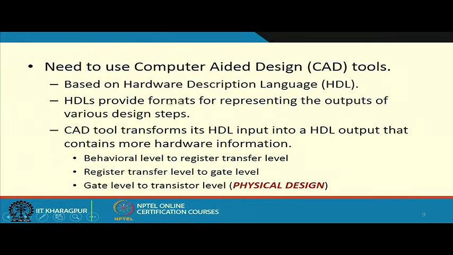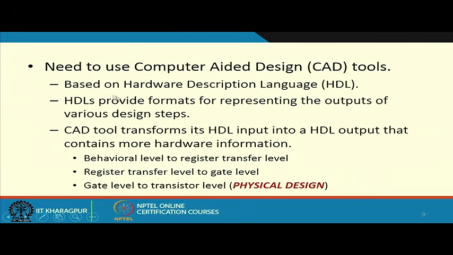So, we typically give our specification in terms of a description language, which you call a hardware description language or HDL. These computer aided design tools are based on hardware description languages.